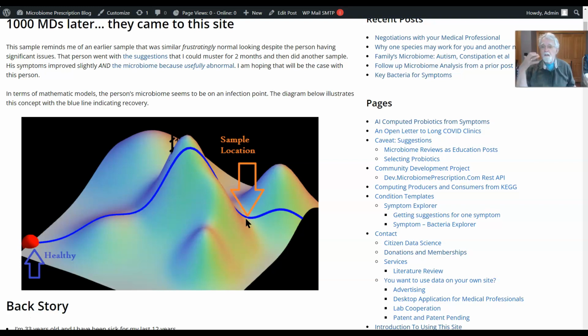So that's explaining this sample and my prior blog in terms of visuals. The microbiome is multidimensional. You have 400, 700, 800 different microbes being produced. This is just three-dimensional. So add in another 600 dimensions, and you start seeing the complexity of the issue.